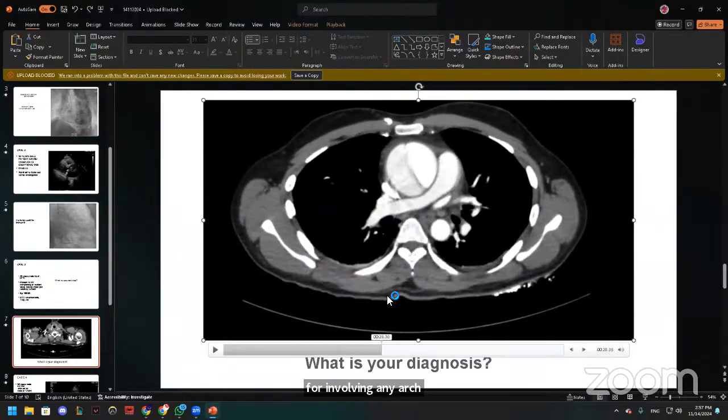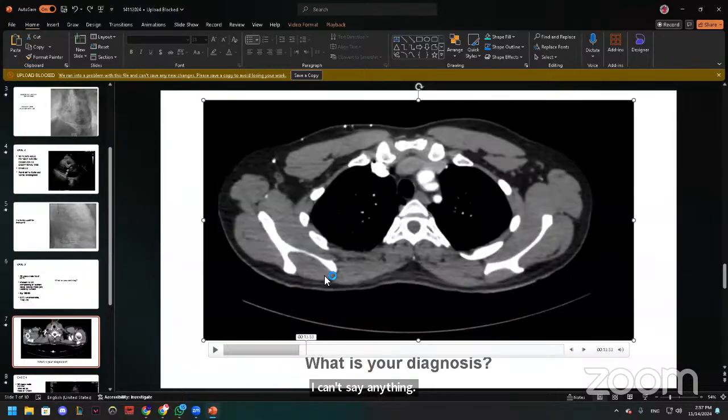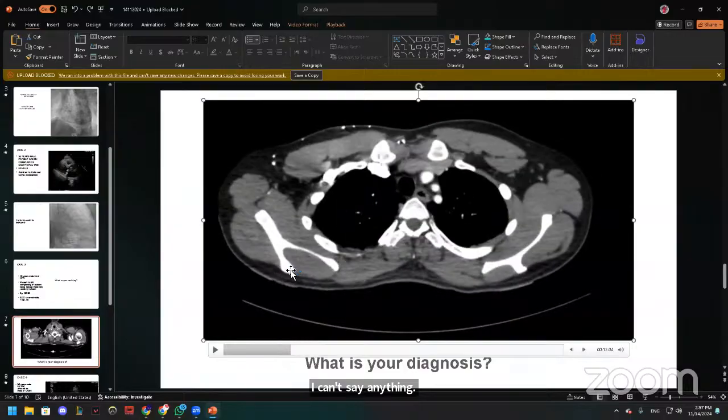Excellent, well done. Can you identify the arch vessels? What is this? This is the innominate artery. Excellent. Left common carotid, left subclavian. Well done, doctor. More than excellent.